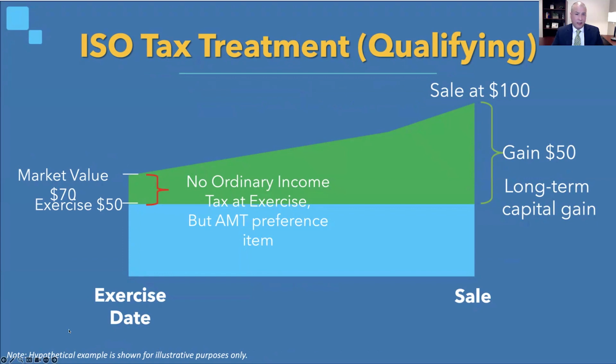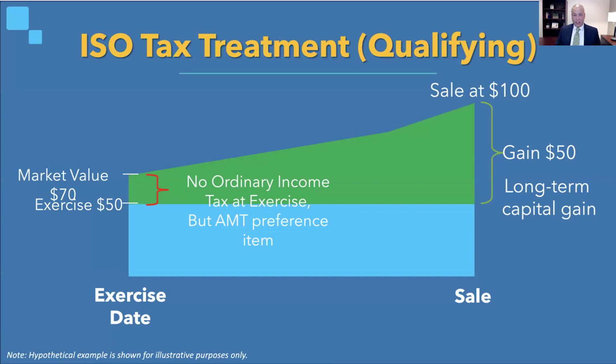So let's see. In our previous non-qual example here, again, going off of the stock price being at $70 per share, you decide to exercise the option to buy the shares at 50. For ISOs, there's no tax consequence in the year that you exercise them. So you don't have to pay ordinary income tax on the bargain element, as we saw in the non-qual example.